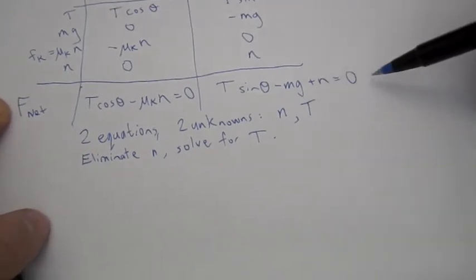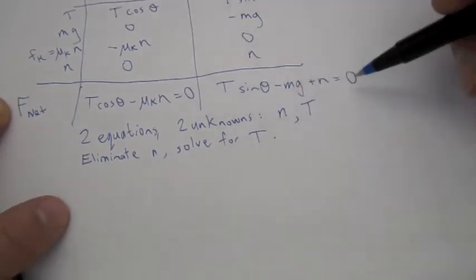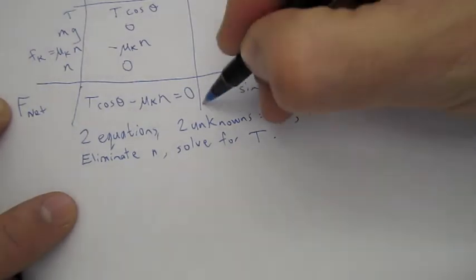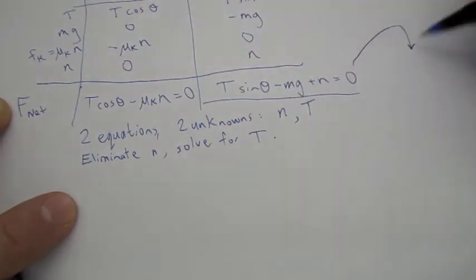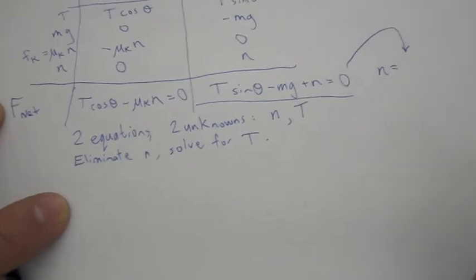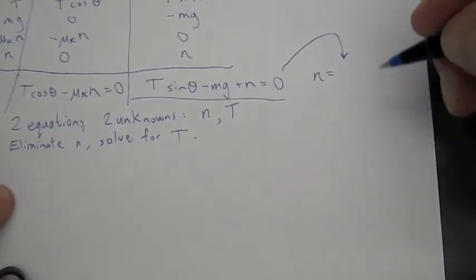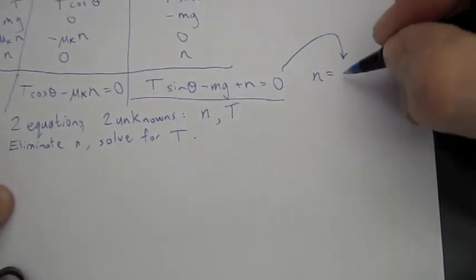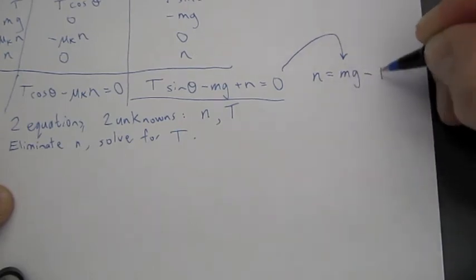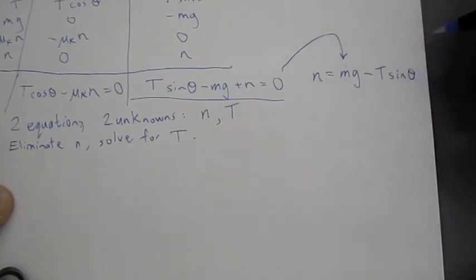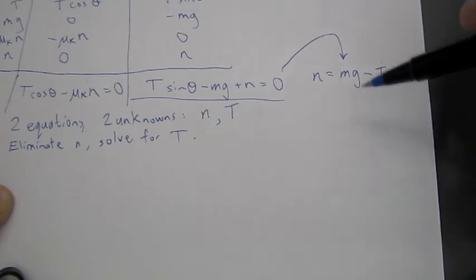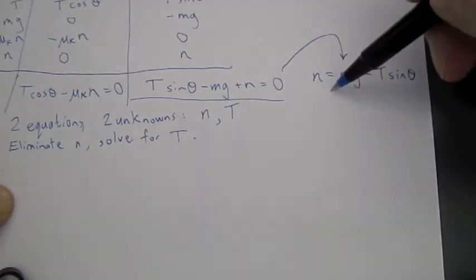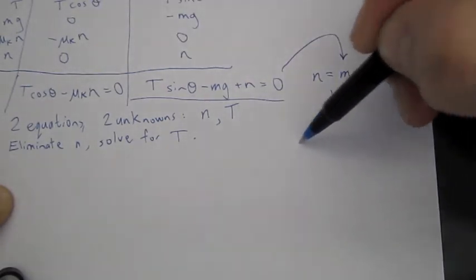So we'll just have to pull these things over to the side. So let's use this y equation to say that n is equal to mg minus t times sine theta. Okay, so now we're going to plug that into this equation from the x component.